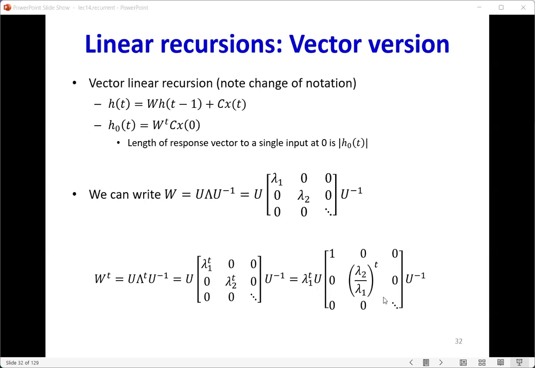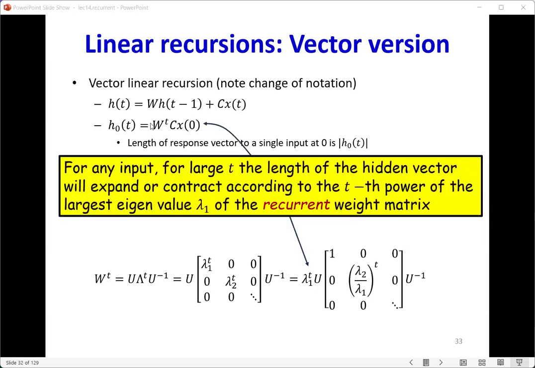And as T increases, what happens to these secondary diagonal terms? They will all vanish because every one of them is less than 1, right? So the only thing that remains is this first term. So what can you tell me about the response of this system with increasing T?